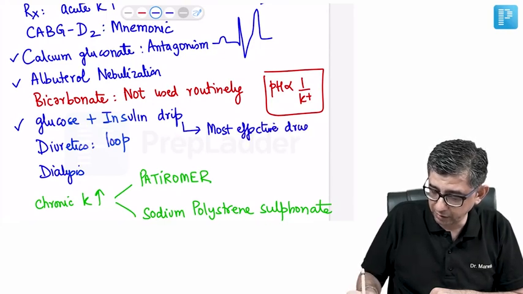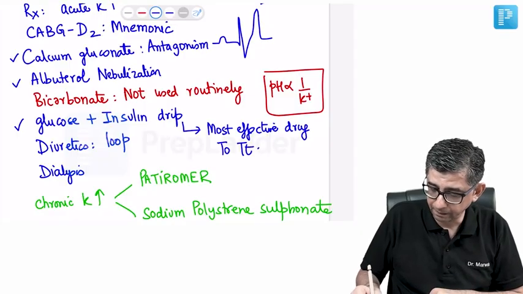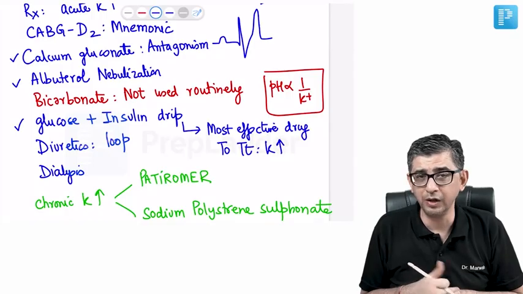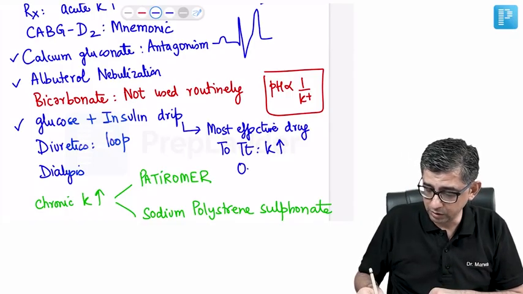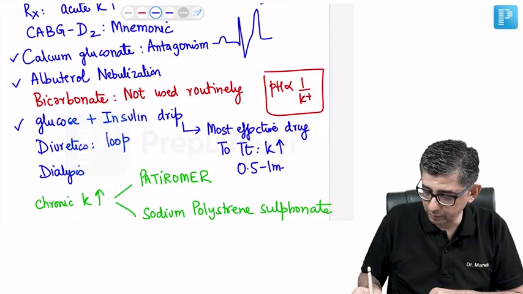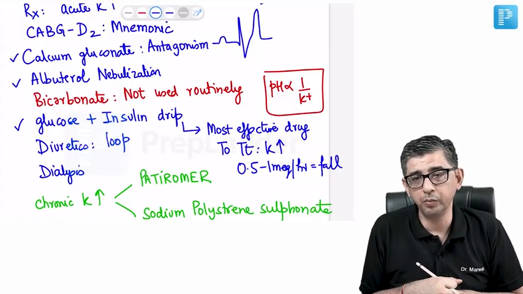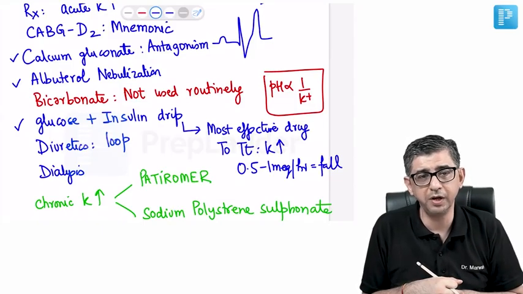I said most effective drug to treat dangerous hyperkalemia. A patient having potassium values going up to 7.5 or 8, because it can cause a diastolic arrest, I would like to use an insulin drip, and it will cause a fall in the values of potassium. The magnitude of fall that you will encounter after giving this drip to the patient would be about 0.5 to 1 milliequivalent per hour. So within a few hours, you will stabilize the patient.